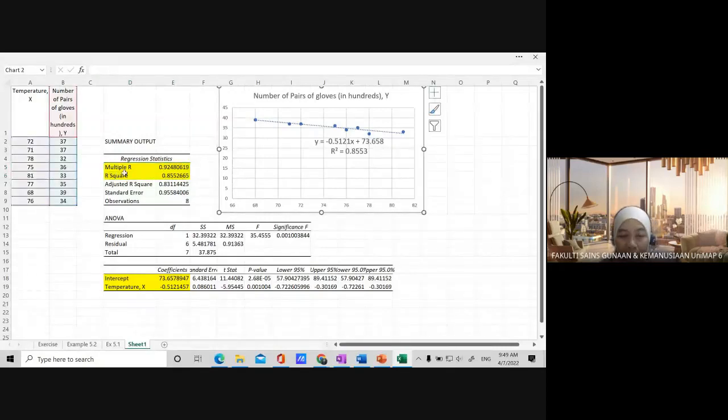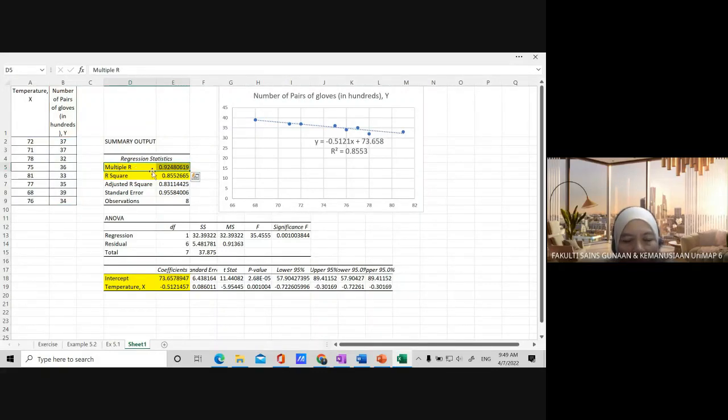Last time I did mention this R and R squared. Multiple R refers to your Pearson correlation coefficient, or as we discussed last time, the sample correlation coefficient.